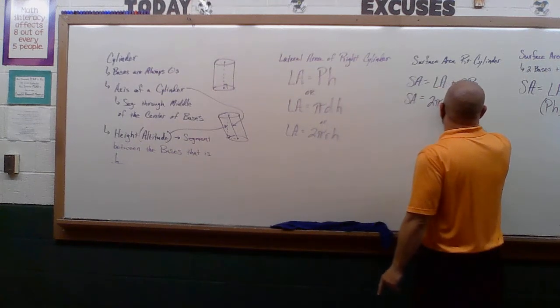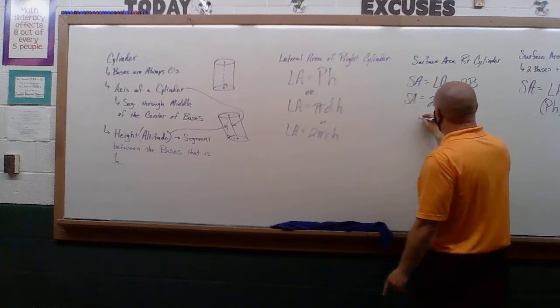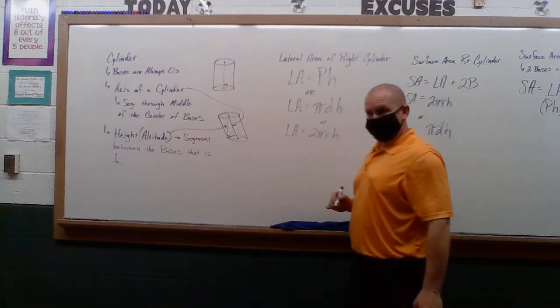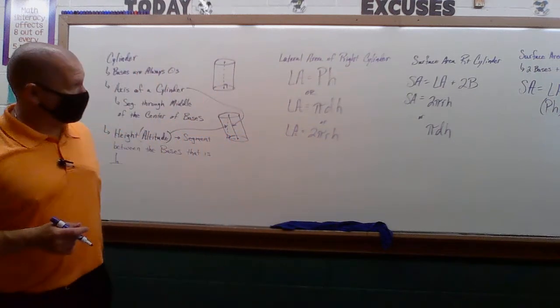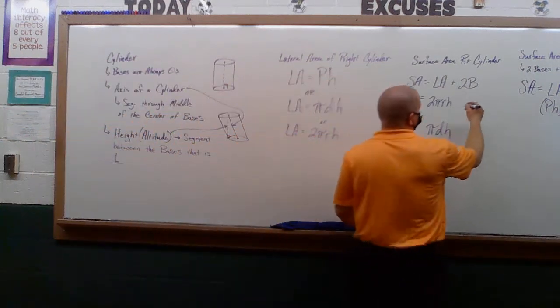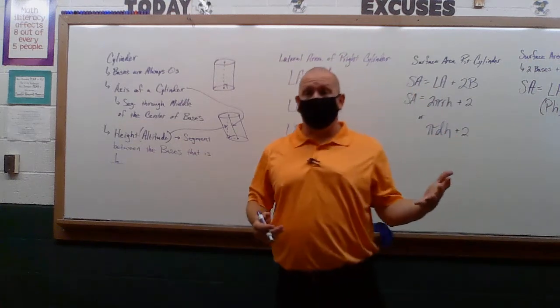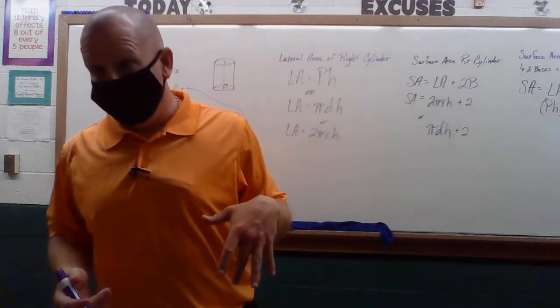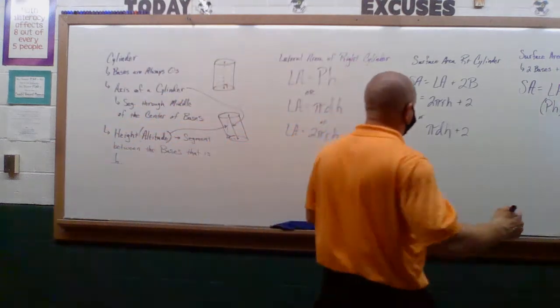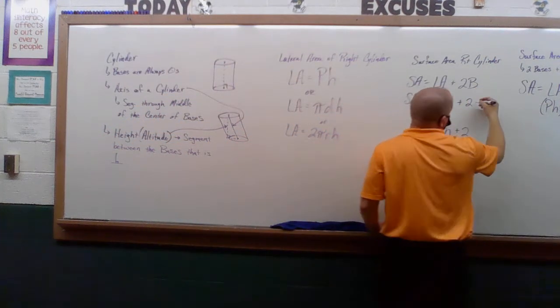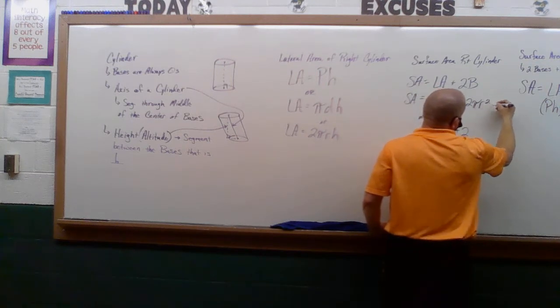So 2 pi r h or pi d h. So whichever you're going to choose for your perimeter, plus 2 times b, but what is the area of a circle? Pi r squared. And why is there 2 of them? Because there's one on the top and one on the bottom, right? So 2 pi r squared.